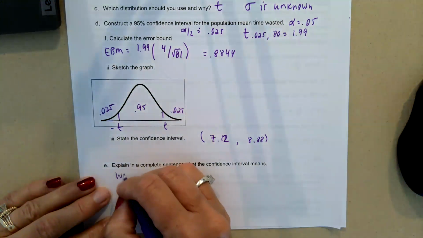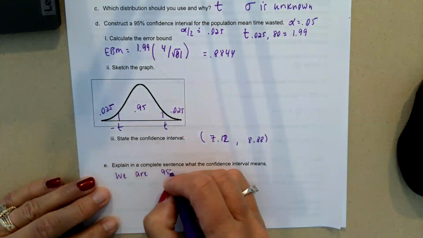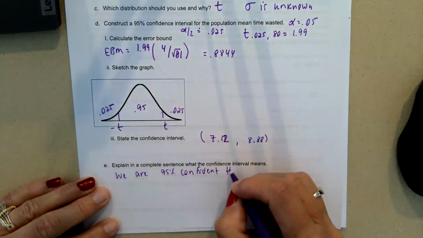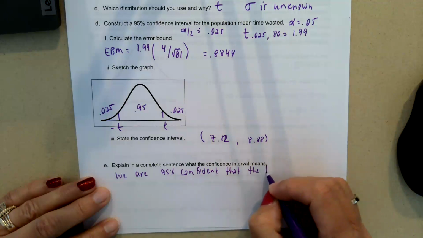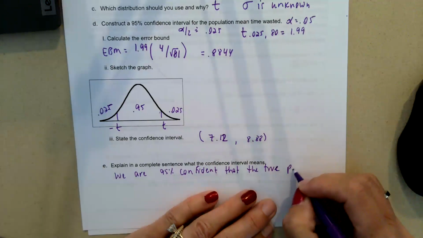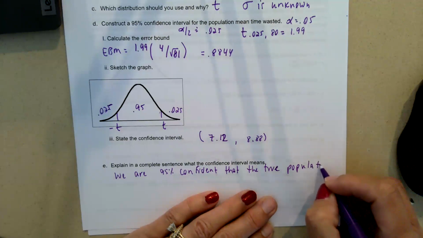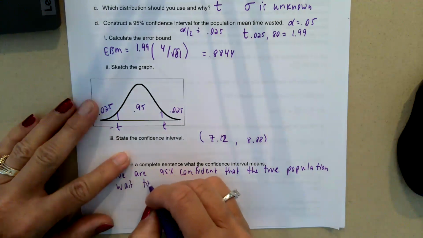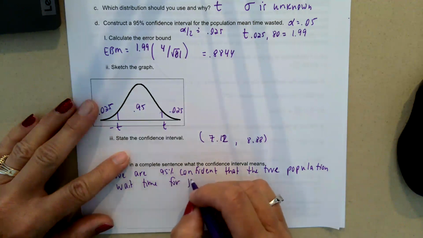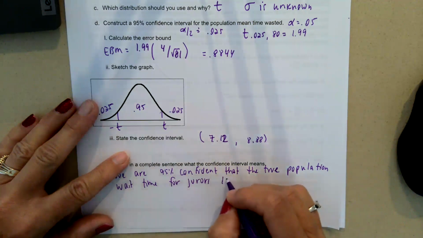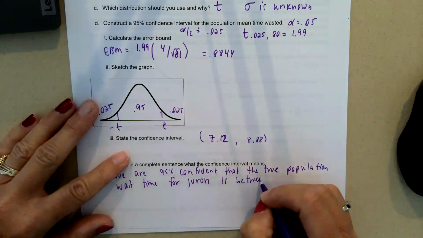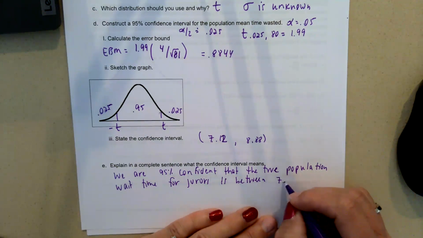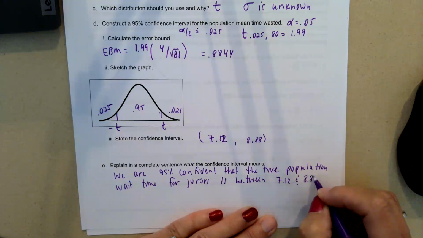So we are 95% confident that the true population wait time for jurors is between 7.12 and 8.88 hours.